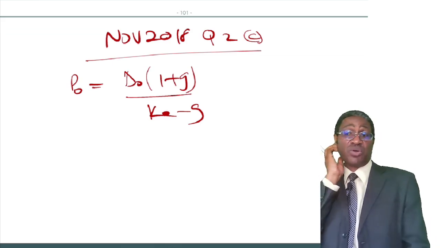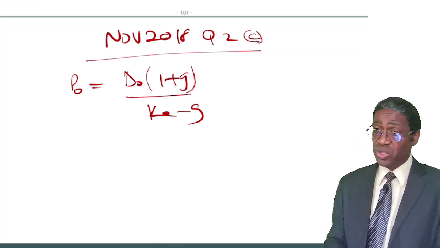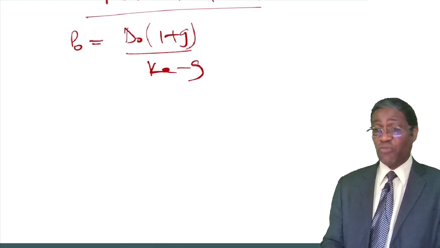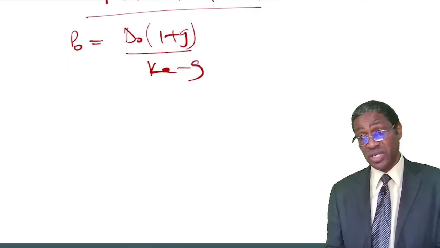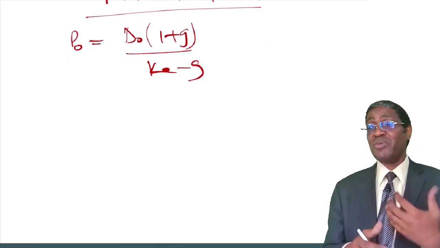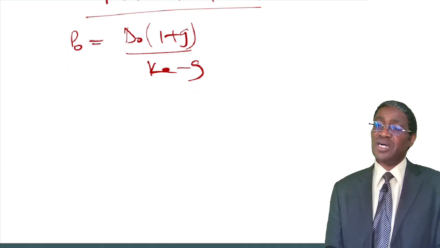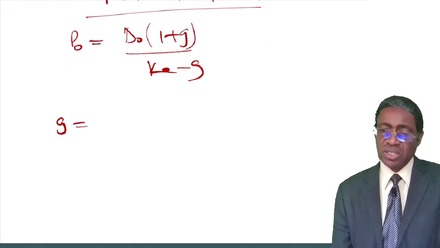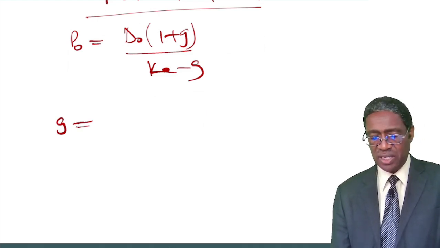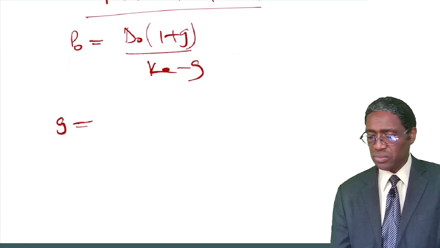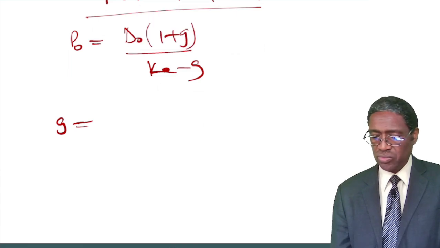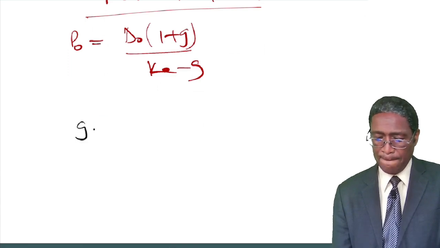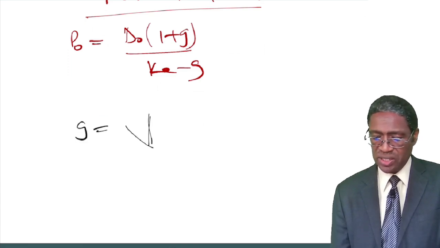Let's compute the growth rate. We are using the compounding method, because nowhere have we been given the retention approach. G is given by the nth root of Dn divided by D0, minus 1, where n is the number of years minus 1.